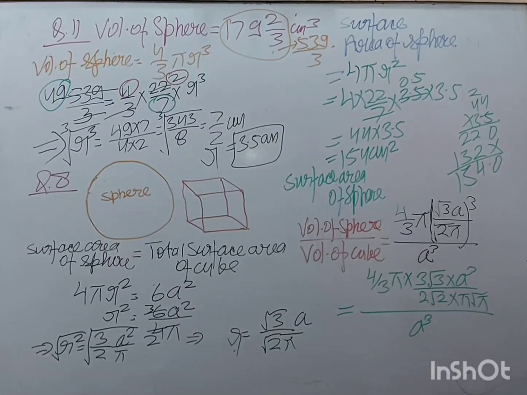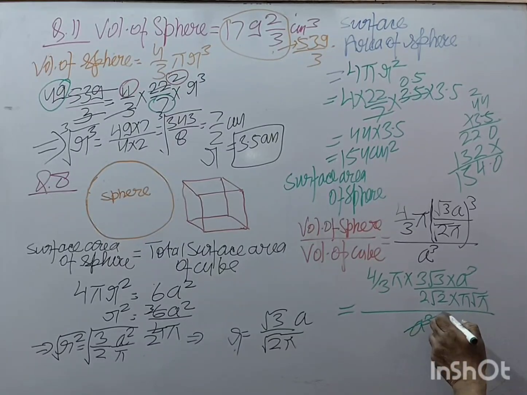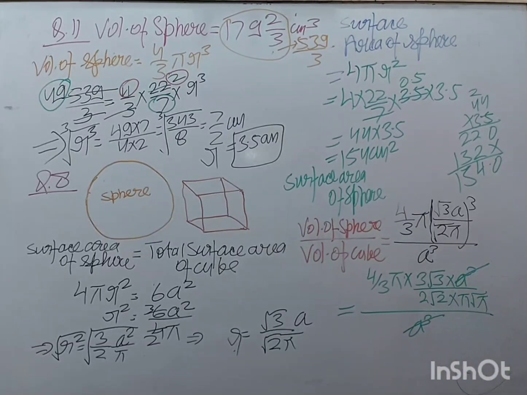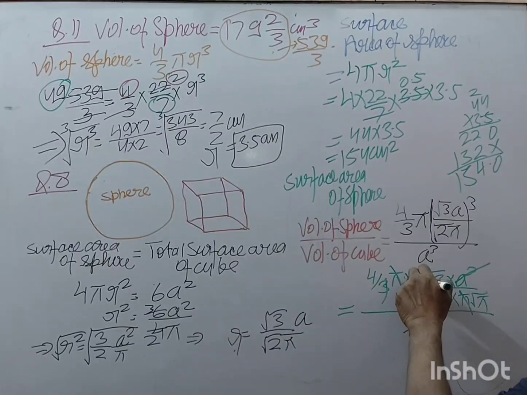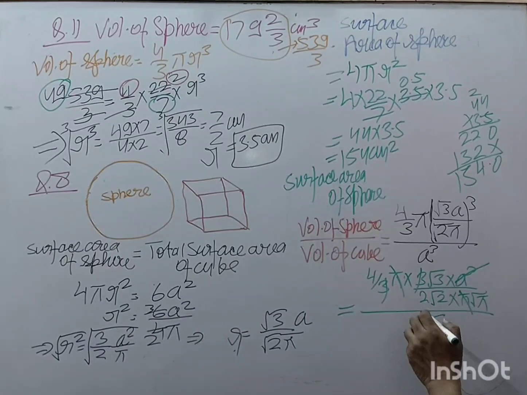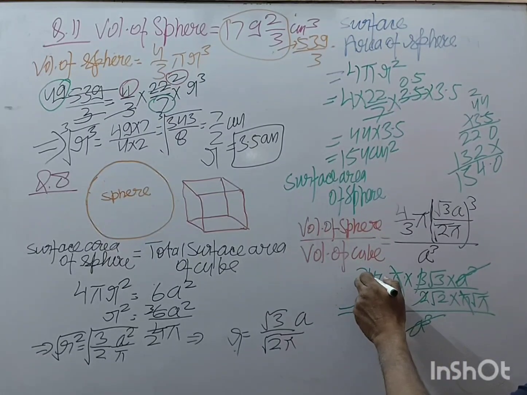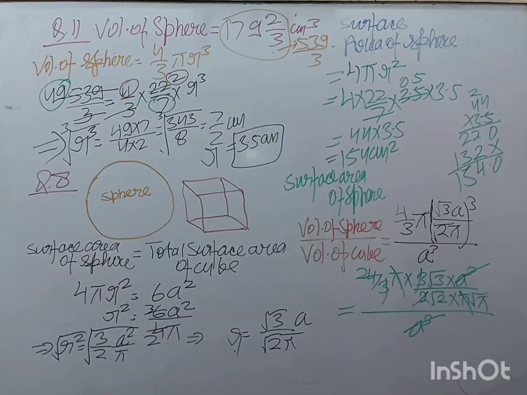So this, what happens? This a cube and a cube is gone, right? This pi and pi is gone, right? This 3 and 3 is gone, and this 2 times 2 becomes 4, right?